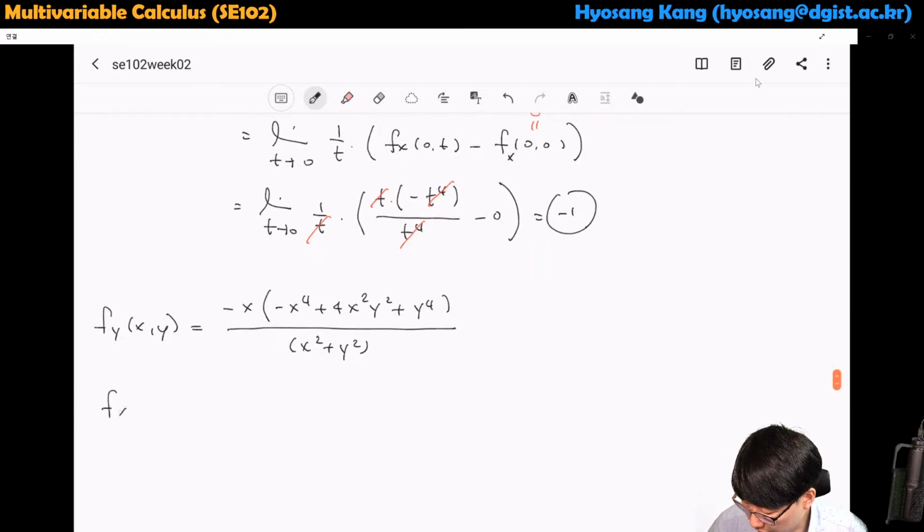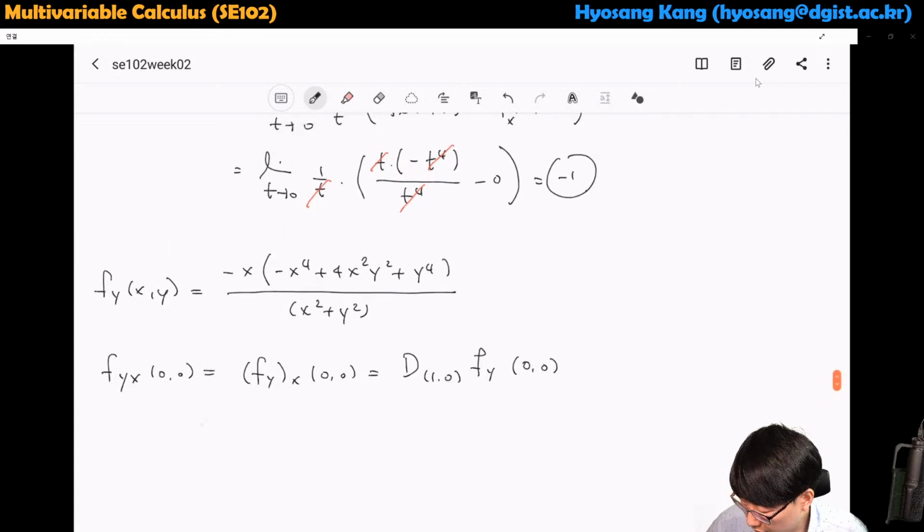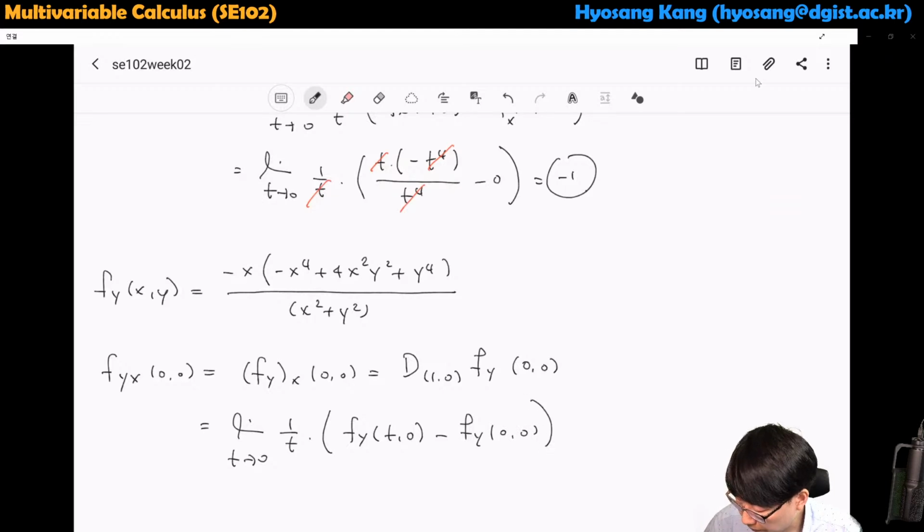So if you want to find fyx at 0,0, what you're actually doing is the directional derivative in the direction of (1, 0) of fy at 0,0. So this is by definition the limit of 1 over t times, taking fy as my function, fy(t, 0) minus fy(0, 0).